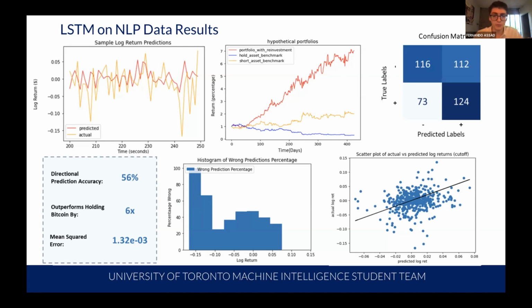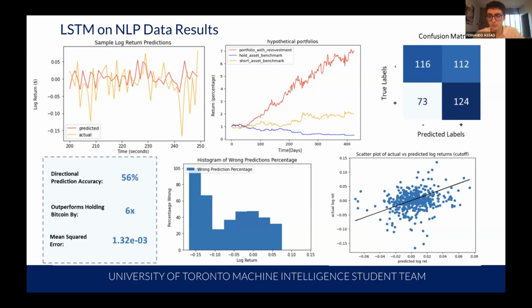However, that said, we still have a quite good portfolio return, as we can see in the center figure of the top row. We outperform shorting and holding Bitcoin significantly, like 6 times. That's quite good. And we still have a directional accuracy of like 56%.